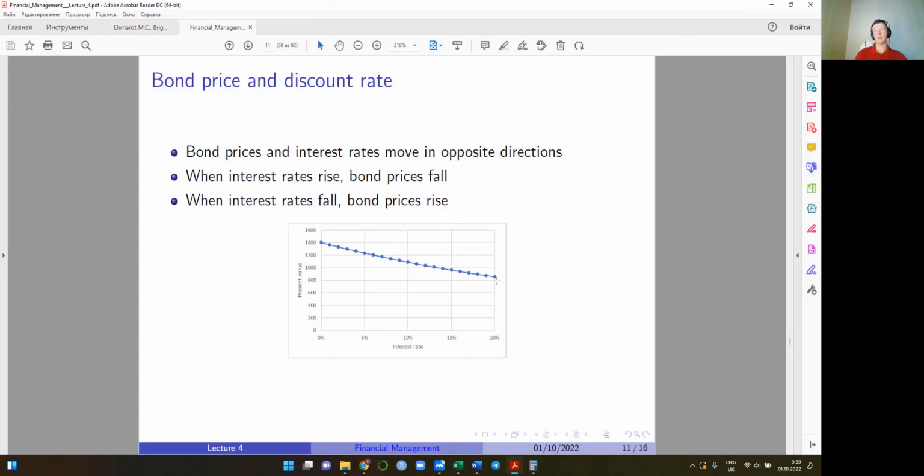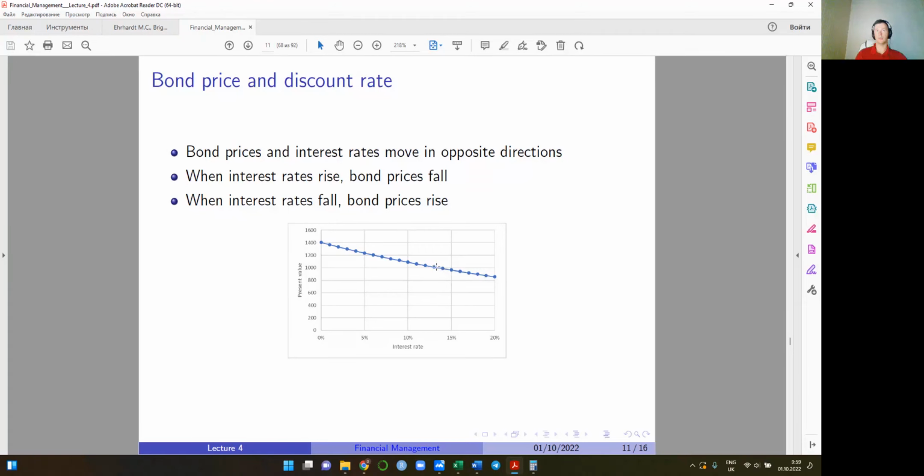So this is the graph for our particular bond, the WUSH bond, if the interest rate changes from 0% to 20%. If it's 0%, it's just the sum of all coupon payments plus principal. And then you see that the price declines if the discount rate increases.